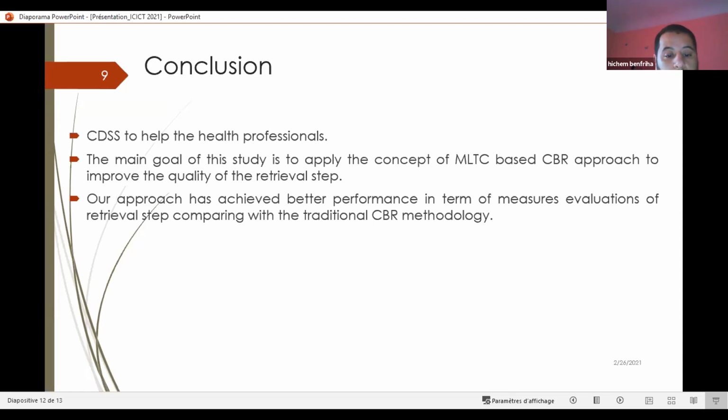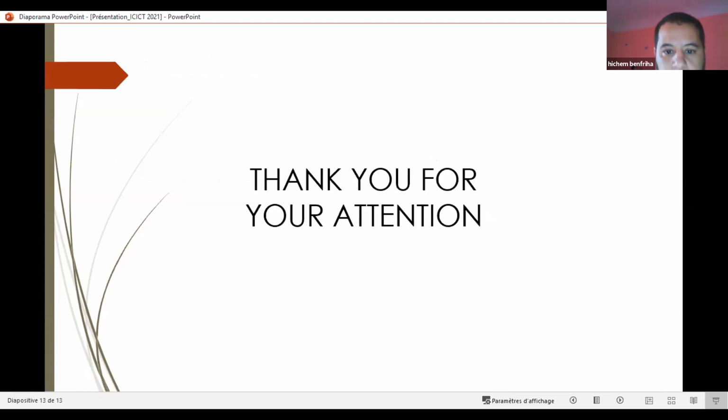The main goal of this study is to apply the concept of multi-level text categorization based CBR approach to improve the quality of the retrieval step. And finally, our approach has achieved better performance in terms of user evaluation. Thank you for your attention.